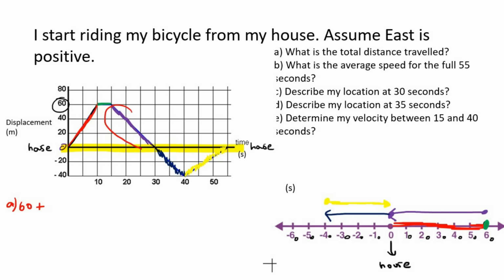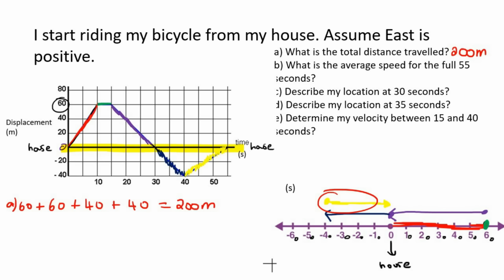Then for this purple part, we went back to the house. That was another 60 meters. That was this part over here. And then this blue part over here, we traveled 40 meters. And then this yellow part, we traveled back 40 meters again. And so 60 plus 60 is 120, plus 80 is 200 meters. That is how far this person traveled. 200 meters.